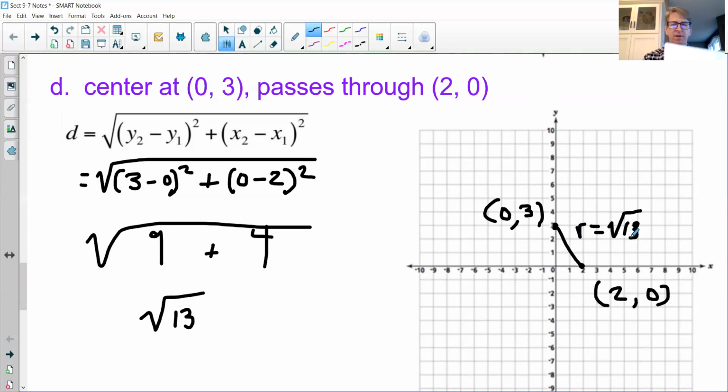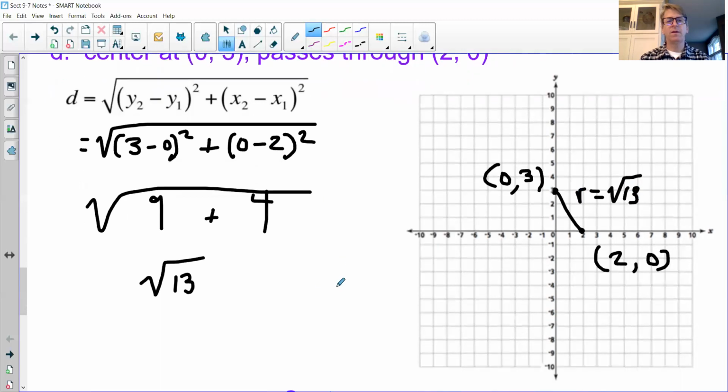Okay? So now you have your radius, you have your center, which is your h, 0, and your k, 3, and you're good to go with your equation. Okay, so your equation would be the following.